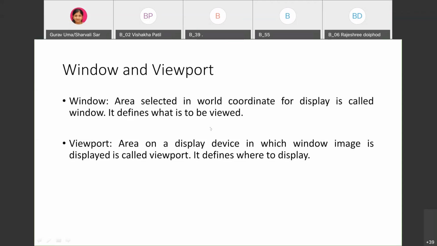So viewport is nothing but area on a display device in which window image is displayed. So our real life image will be displayed on a viewport. So this is the window and viewport concept.